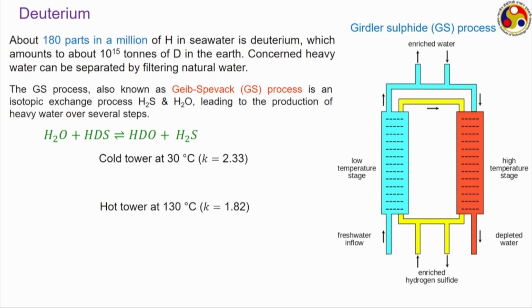Before coming to the reaction, fresh water is supplied to the blue cold tower, through which it flows at low temperature, whereas enriched hydrogen sulfide is also supplied parallel to that.